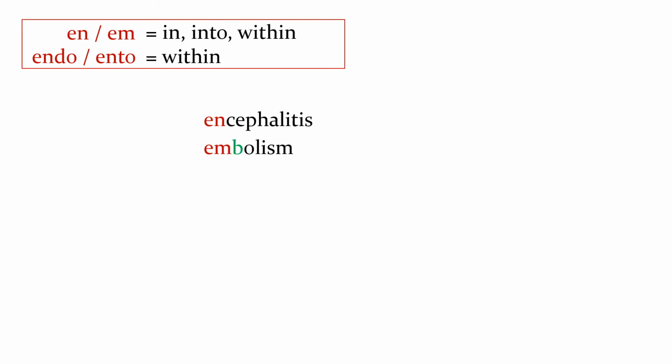If you don't know what a cephal is, maybe you've heard of hydrocephaly, megalocephaly, microcephaly, autocephalus. Cephal or kephali is just the head. So enkephali, enkephalon is the brain, something that is in the head. Encephalitis is a type of brain fever.